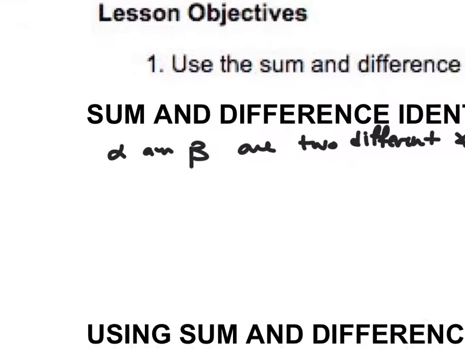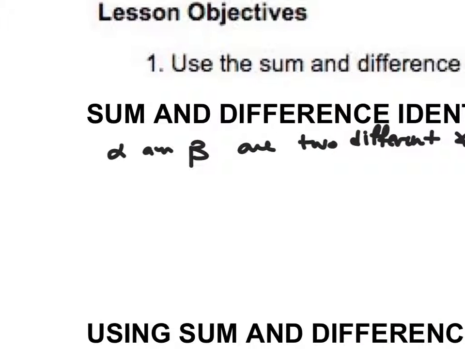Okay, and let's say I have this angle measure here. We call it cosine of alpha plus beta.